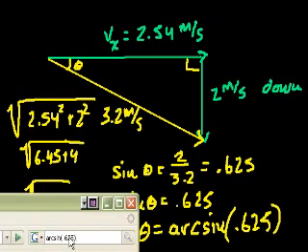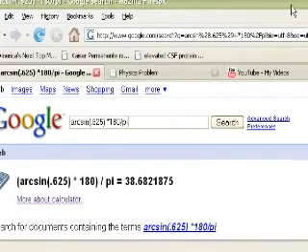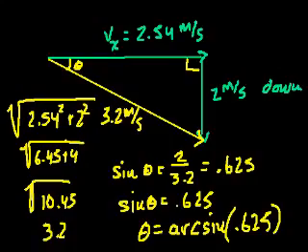So I'll take that answer, which will be in radians, and I want to convert to degrees, so I multiply it times 180 over pi. That's just how I convert from radians to degrees. And let's see what I get. Google says 38.68 degrees. They multiplied the whole thing times 180 and then divided by pi, but that should be the same thing. So roughly 38.7 degrees is theta.